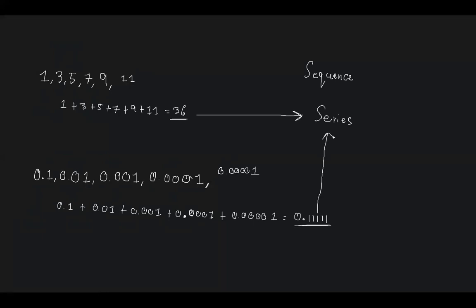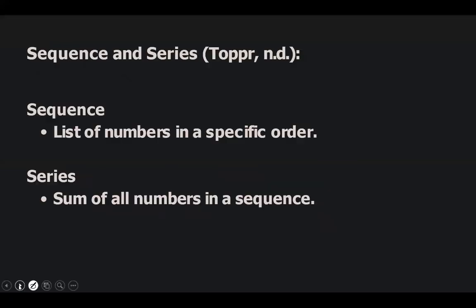All right. So sequence is basically a list of numbers, but there is a pattern. Series, on the other hand, is the sum of all of the numbers in a sequence. We can understand this by reading this definition.